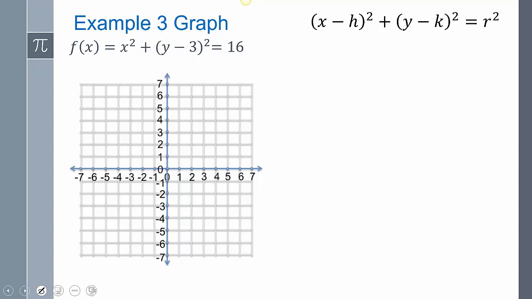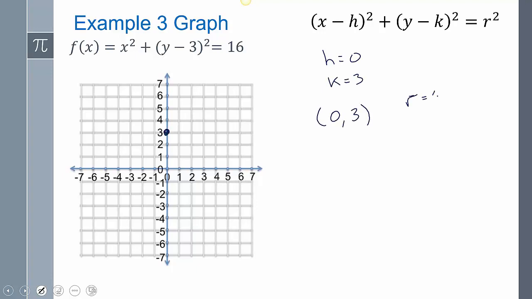Alright, I want you guys to give this one a shot. I know they both say example 3, but I want you guys to give this one a shot. So checking our answers. H, you should have gotten 0, and my k, you should have gotten 3, so it should be 0, 3.